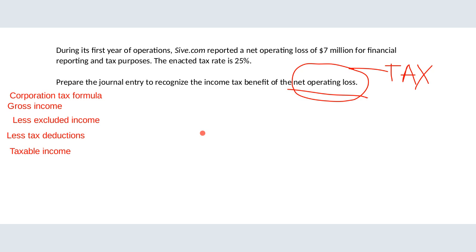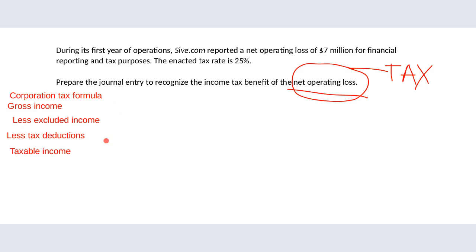It's just a nightmare. So it's much easier for a corporation to do the tax return than an individual. In this respect, when they're saying net operating loss, that means that their tax deductions, the deductions that were allowed on the tax return, are greater than the income that was taxed, the taxable income.